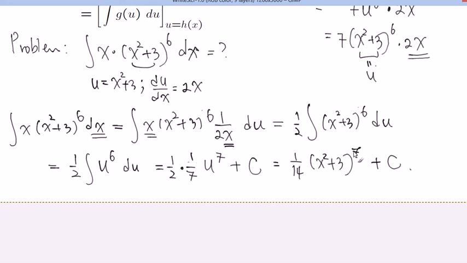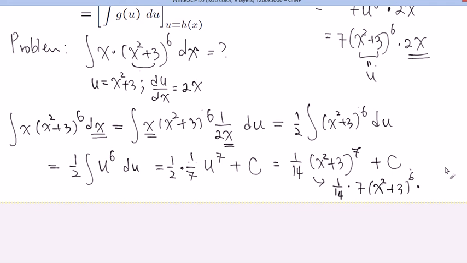Right? So you don't believe all that. Realize I'm going to differentiate this one, to see if I can get this one back. Now let's do that. If you differentiate this one, the constant multiple 1/14 is there, right? This one comes down, correct? X squared plus 3, and this one knocked down to 6, and multiply by the derivative inside, right?